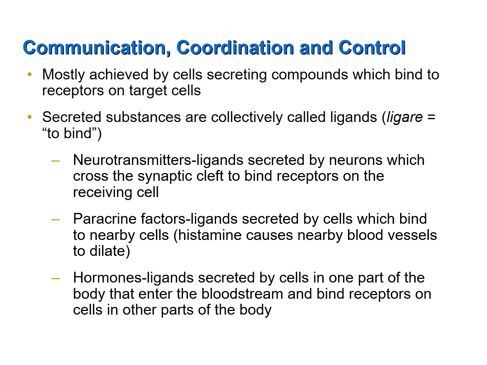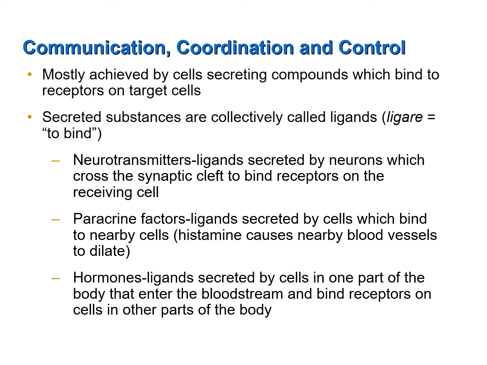Hormones, which we're going to focus on in the endocrine system because that's the ligand through which the endocrine system communicates, coordinates, and controls other organ systems. Hormones are secreted by cells into the interstitial fluid in one part of the body.